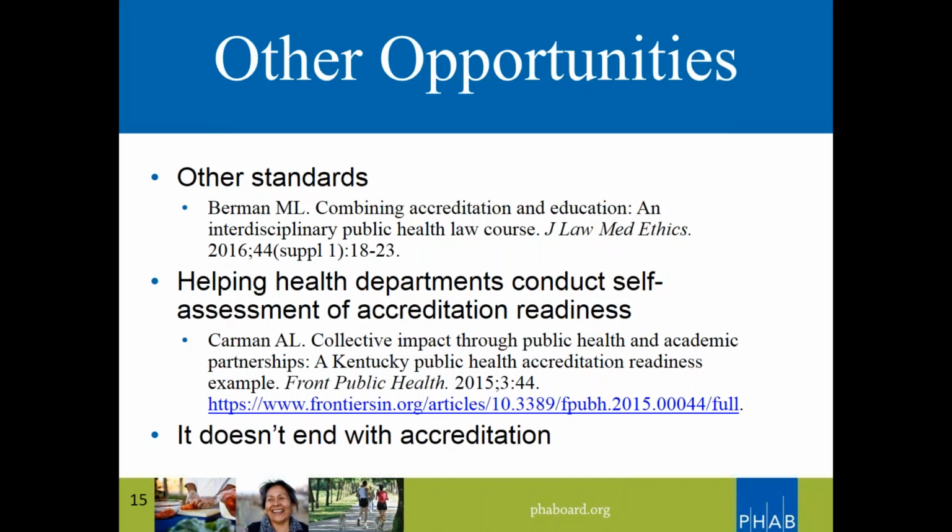In the state of Kentucky, the University of Kentucky has played an active role in helping to convene local health departments that are pursuing accreditation, and to give them the resources that they need as they begin their preparation. That's another thing that's not specific to meeting any one standard or measure, but really helping to convene health departments so that they can assess their readiness, get organized, and also just have a chance to talk amongst themselves and strategize about ways to approach accreditation.